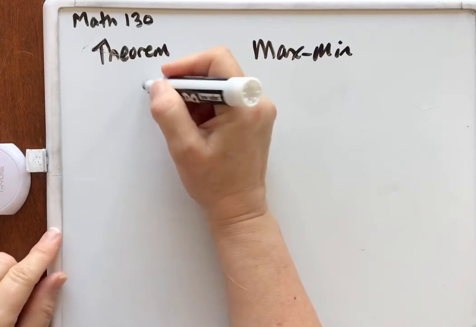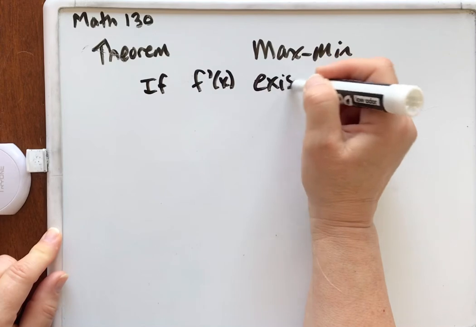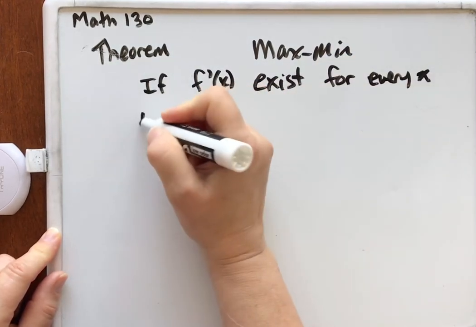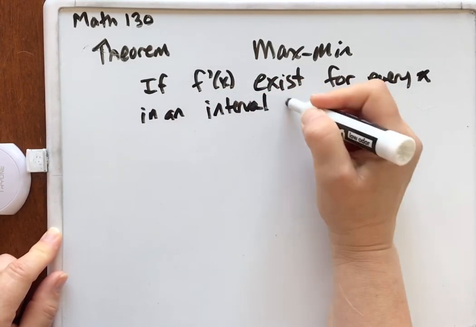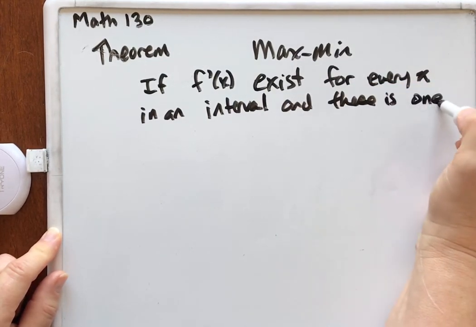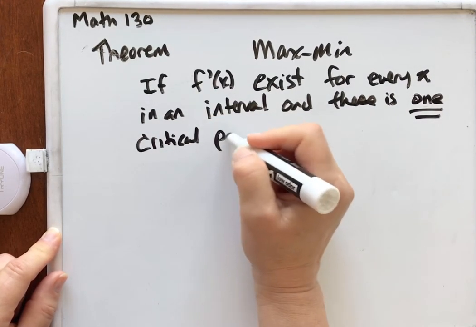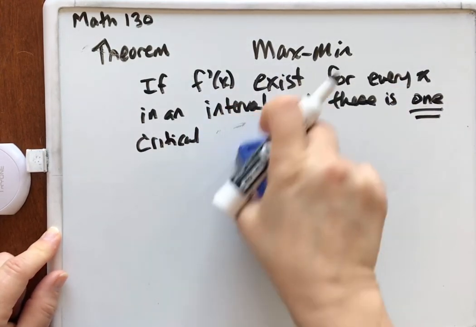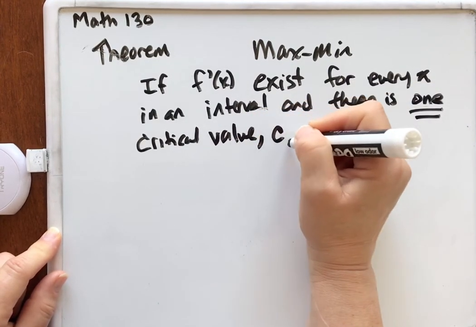And it states, if f prime of x exists for every x in an interval, and there is one critical value, we're going to call that C.